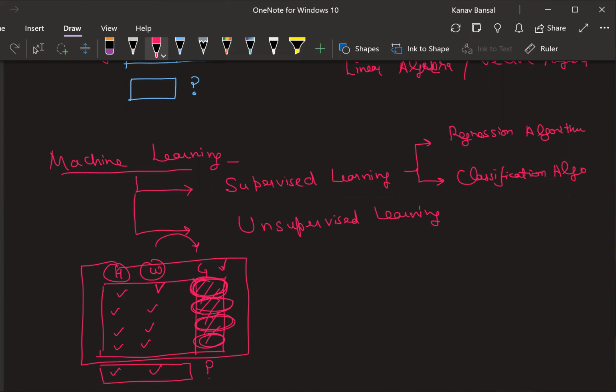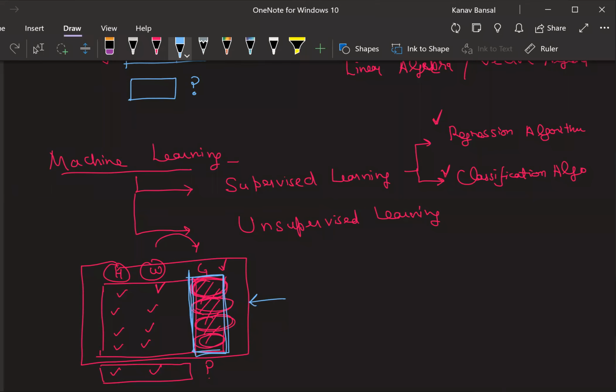Now, on which data are we going to perform a classification algorithm, and on which data a regression algorithm? Let's try to understand that now. Whenever you are asked whether to go with a classification algorithm or a regression algorithm, just look into the data again and see what the output column is. What is the column that you need to predict in the future?